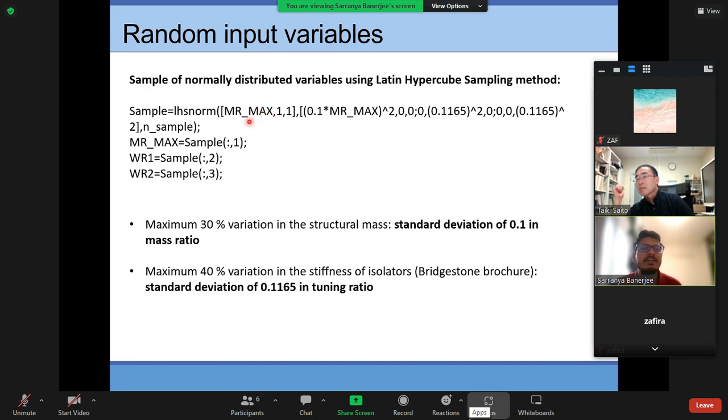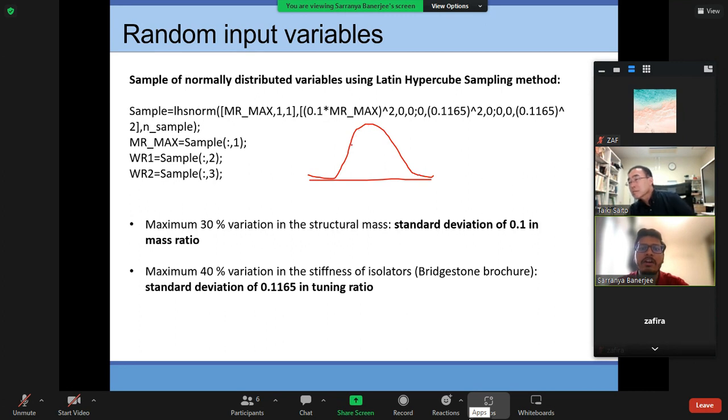So in this case, we are getting some samples based on normal distribution and using Latin hypercube sampling. In Latin hypercube sampling, this is the function LHS norm. So say this is a normally distributed variable.